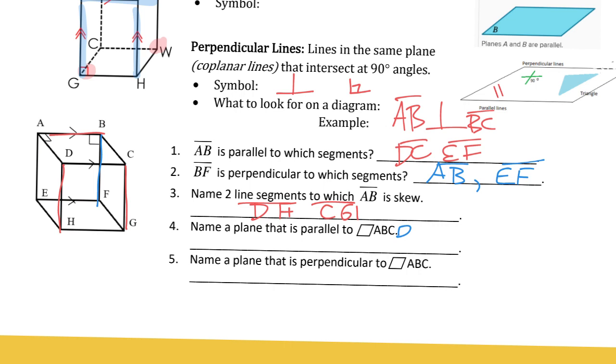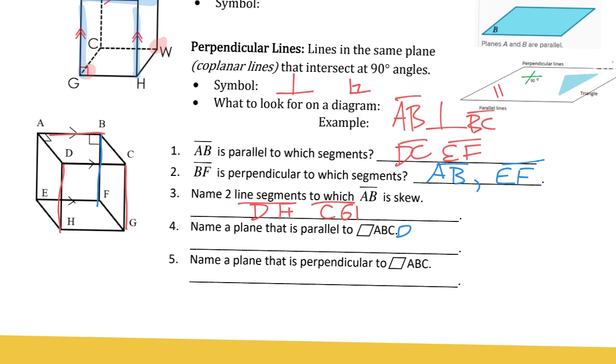If you're talking about a plane, obviously, you just need 3 points on the plane. But we're going to assume we're talking about the quadrilateral here, and I want you to be precise and formal with your words. So what is going to be parallel to that quadrilateral ABCD, and the plane also?